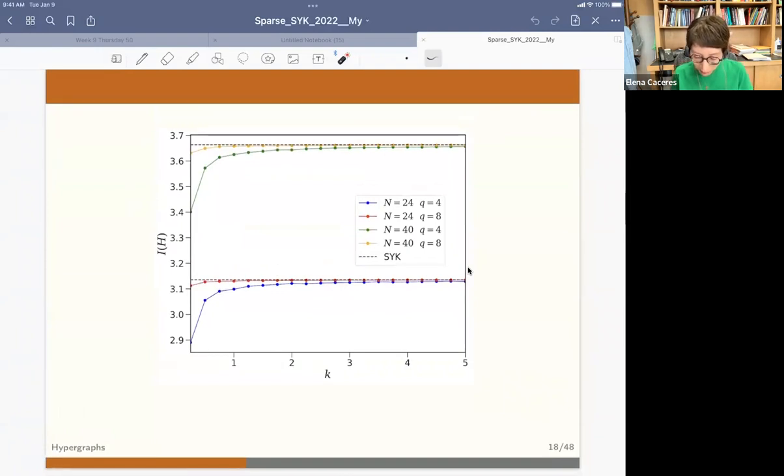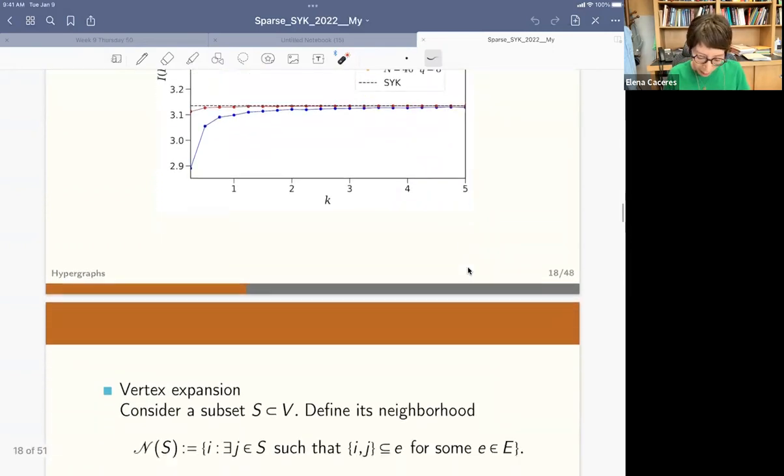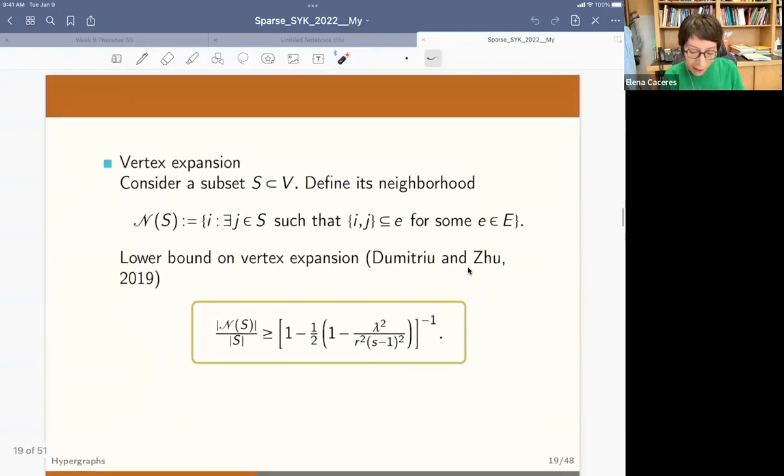Again, the dotted lines are the value for the SYK, and we would like to approach that value as much as we can. We have plotted for different n's, k's and q's. From here, again, you can get an idea of which k is good given a certain n and q. That's my second measure.